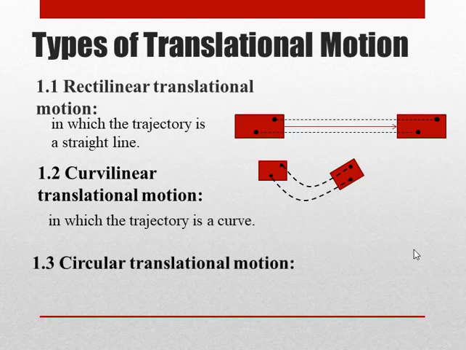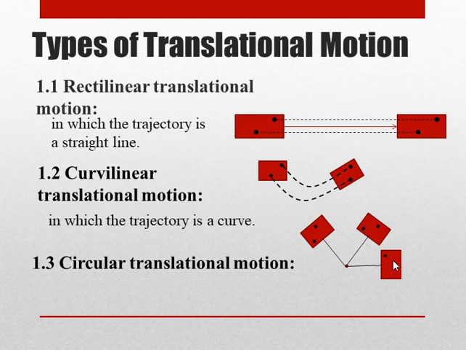Circular translational motion. If I allow this object to move in a circle about a certain fixed point, the distance between the object and this point is the radius of the circle. It will move at a constant radius from the center.